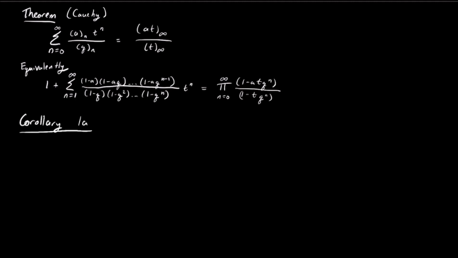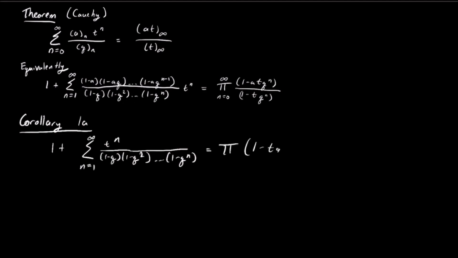The result is basically that 1 plus the sum of t to the n divided by 1 minus q, 1 minus q squared, all the way up to 1 minus q to the n, as n goes from 1 to infinity, is simply equal to the product of 1 minus t q to the n, inverse, as n goes from 0 to infinity.